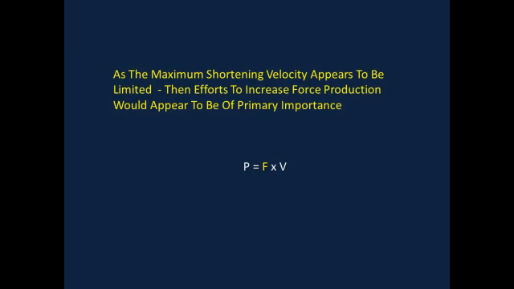And then if you decrease the volume, it tends to come back. We'll talk more about that later on. So we can make that fiber slower. So, because the maximum shortening velocity appears to be limited, then efforts to increase power output need to start focusing on force.